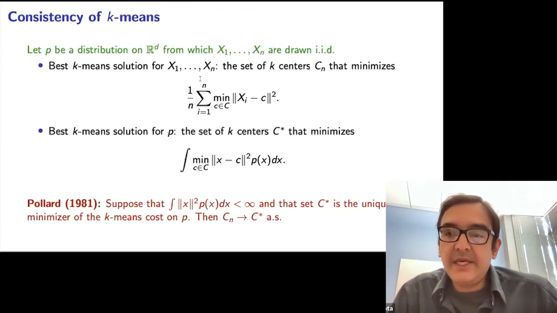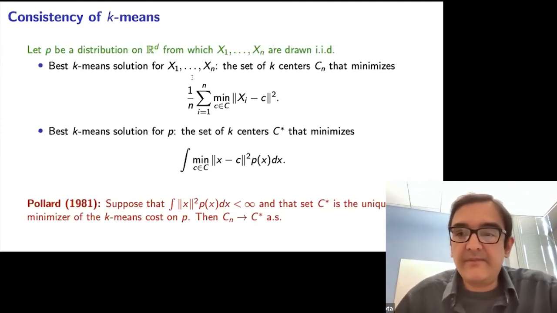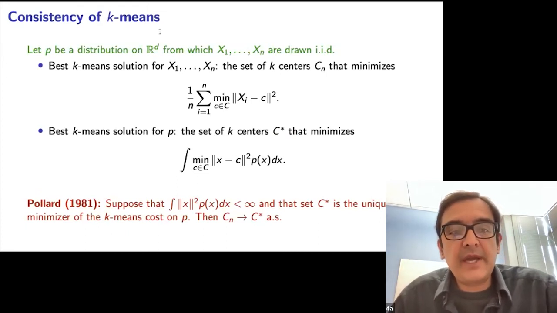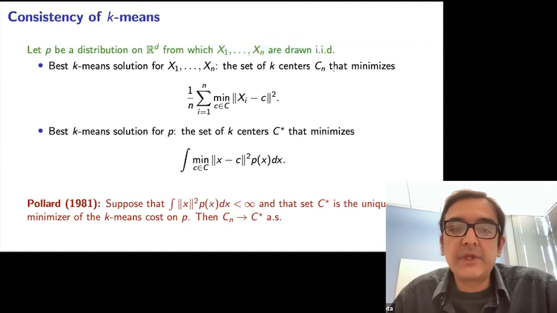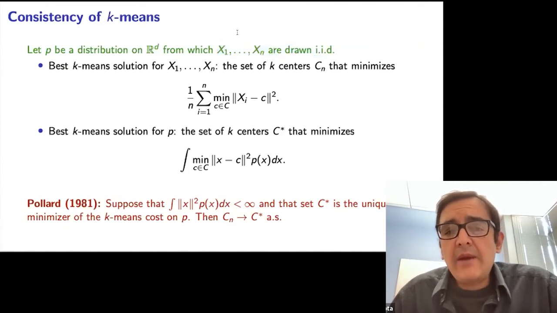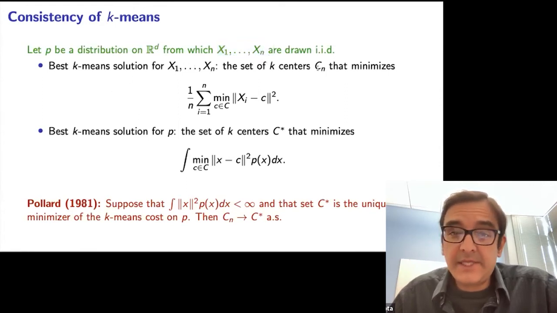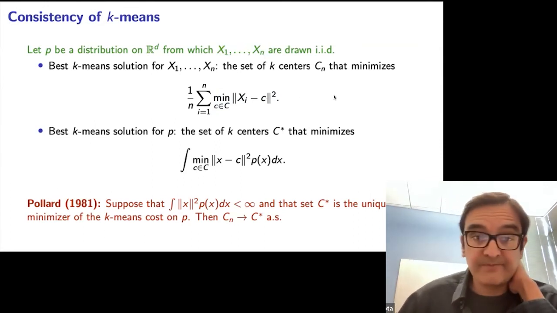Okay, so let me just briefly describe what's out there. As before, let's say that there's some underlying distribution in R^d from which data points are drawn IID, and we have n data points. What k-means does is to find the best set of k centers, the set of k centers C_n, that minimizes the k-means cost function: the distance from each point to its nearest center, add them up, take the average, okay?